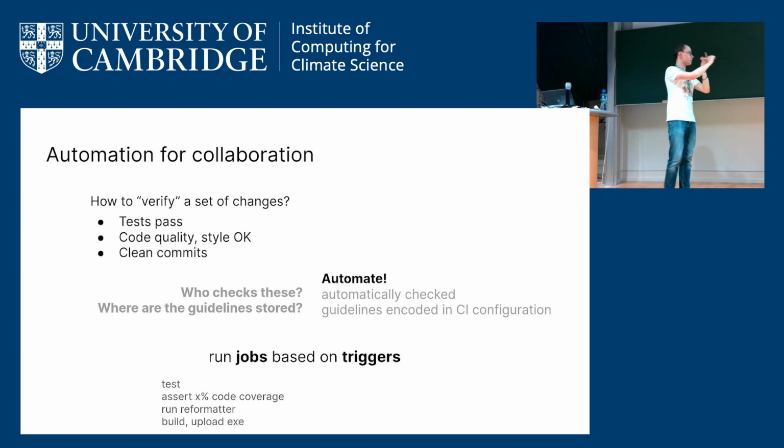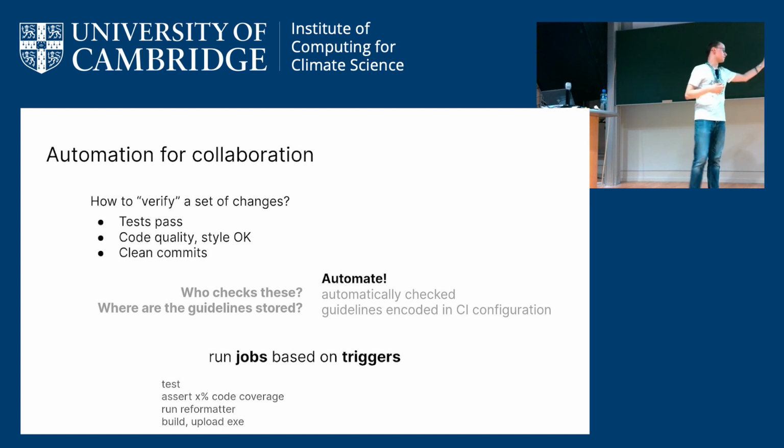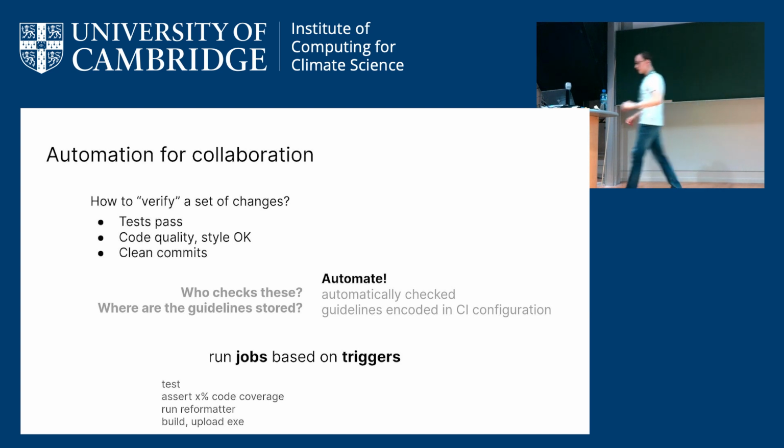It could be what we mentioned before, asserting a certain amount of code coverage and then failing if it's below that. Actually, a very common one I've seen is asserting that all functions have a docstring or some sort of formal documentation connected to them. You can run a reformatter, make sure everyone's using the same code style, and so on.